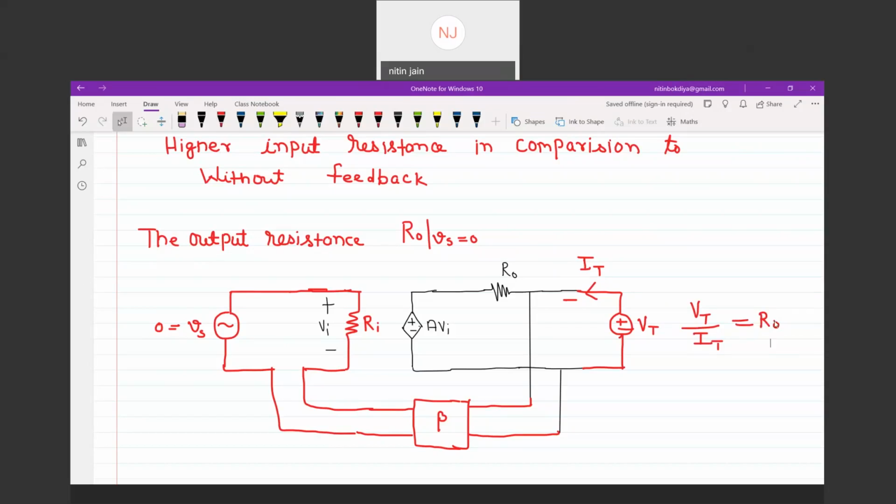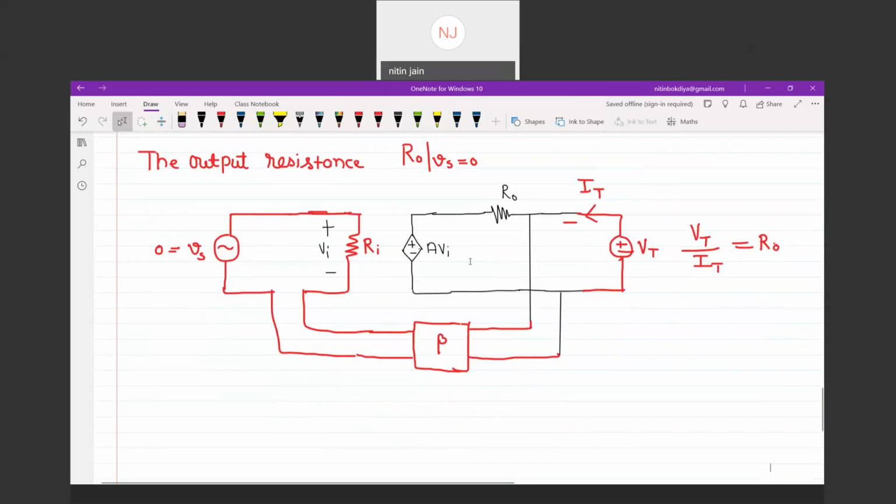So let's apply one KVL in this. Can I say this resistance is also V test? This is beta into V test, and this is plus, this is minus. So you can say plus beta into V test plus Vi equal to 0. So Vi is equivalent to minus beta into V test.